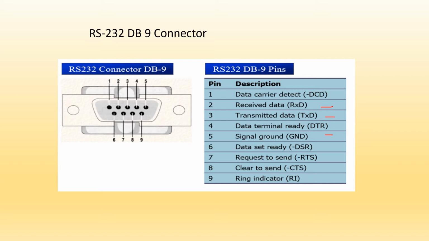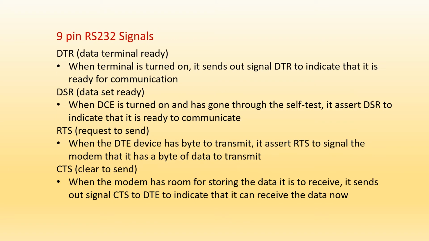Other than that, to ensure reliable data transmission between the two devices, handshaking signals are used. Some of the handshaking signals in the RS-232 DB9 connector are as follows. The first one is DTR, data terminal ready.